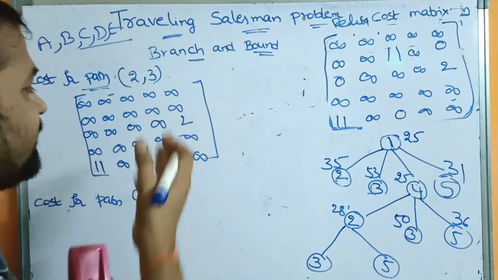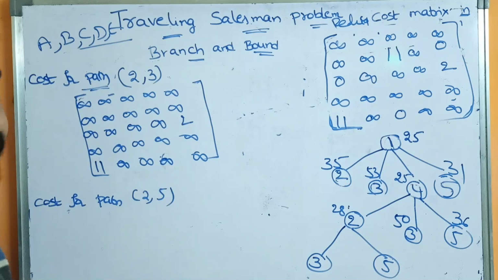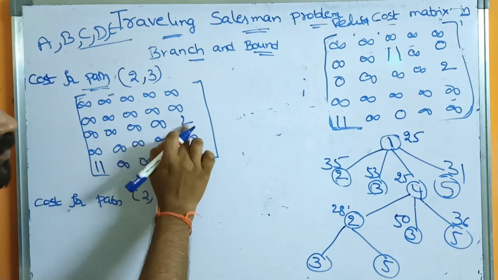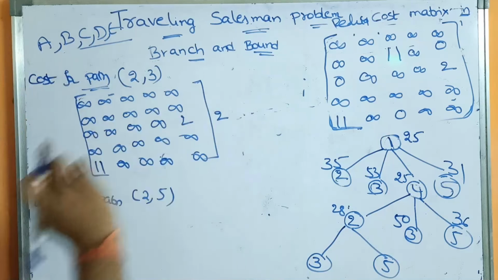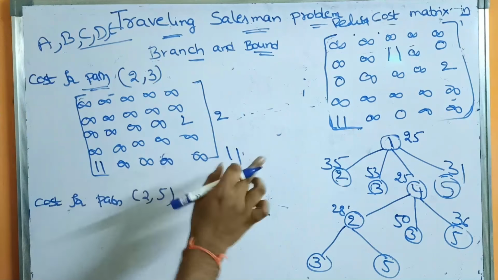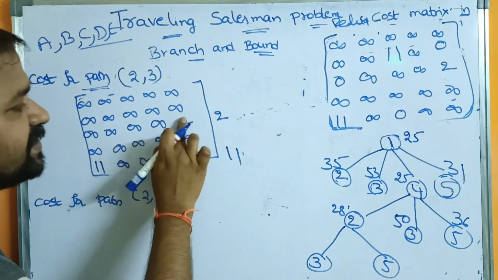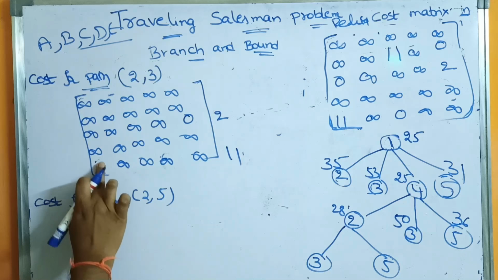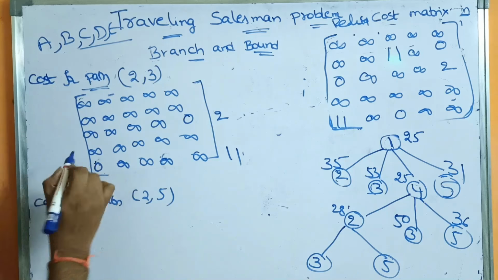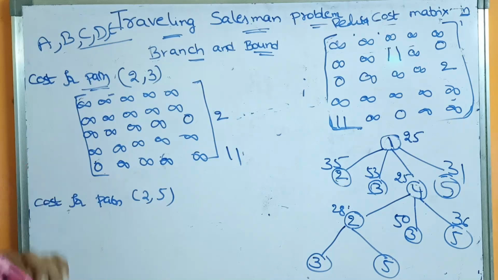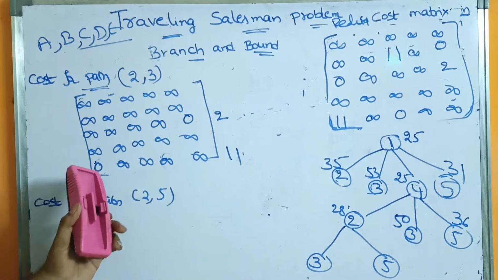So let us check whether it is reduced cost or not. Second row, all entries are infinity. Third row, one entry is not infinity, so 2. Fourth row, all are infinity. Fifth row, one entry is non-zero. So 2 minus 2 means 0. 11 minus 11 means 0.